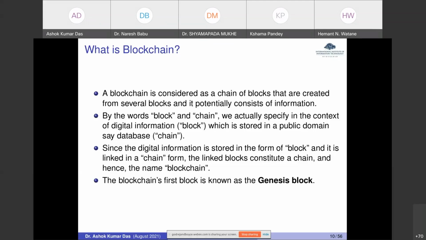So one of the properties that we see here is that blockchain is immutable. That means once a block is inserted in the blockchain, it cannot be tampered with.